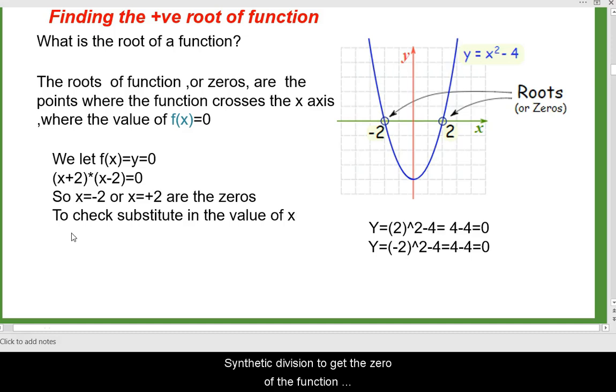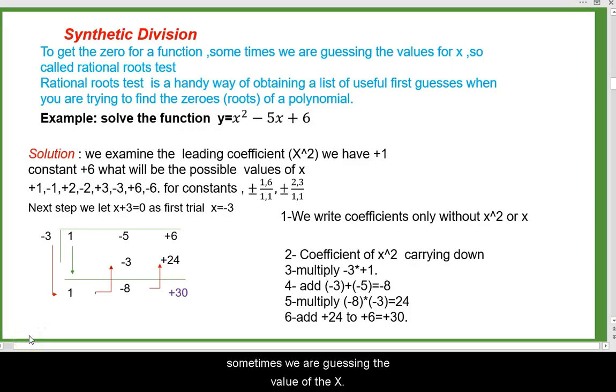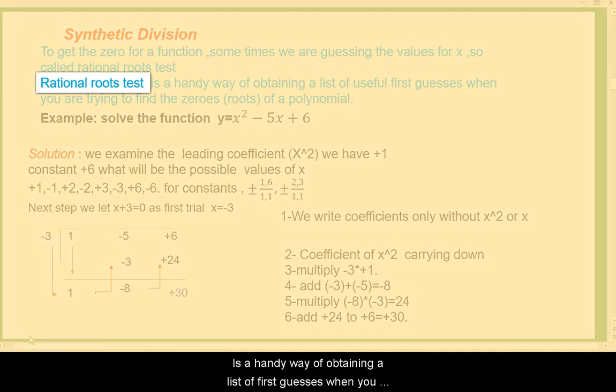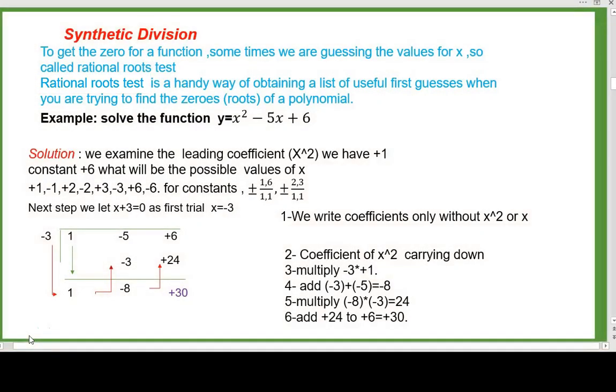Synthetic division. To get the zeros of the function, sometimes we guess the value of x with the so-called rational roots test. The rational roots test is a handy way of obtaining a list of useful first guesses when you are trying to find the zeros of a polynomial. In our example, y equals x squared minus 5x plus 6.